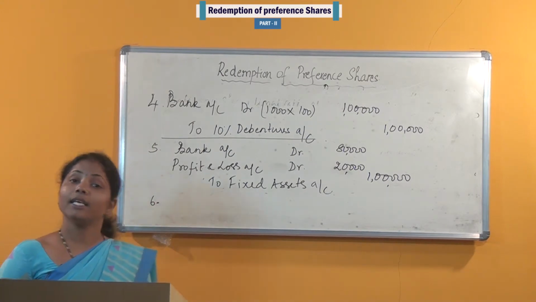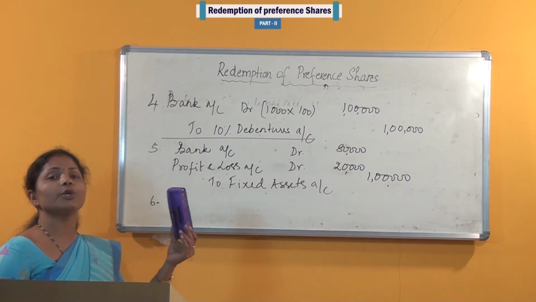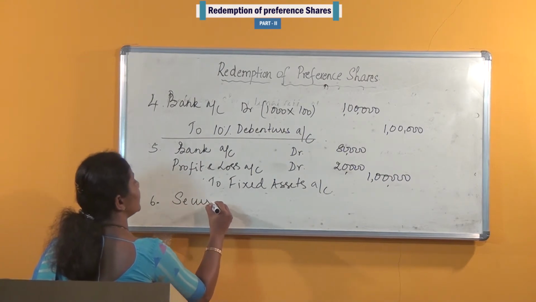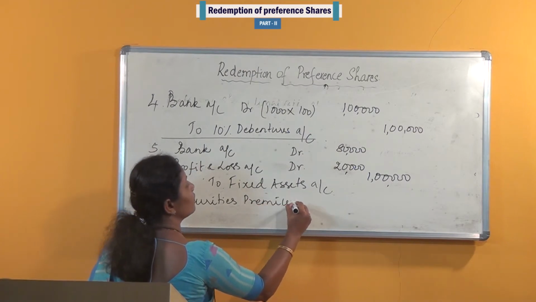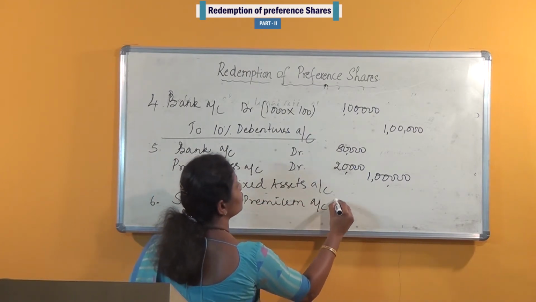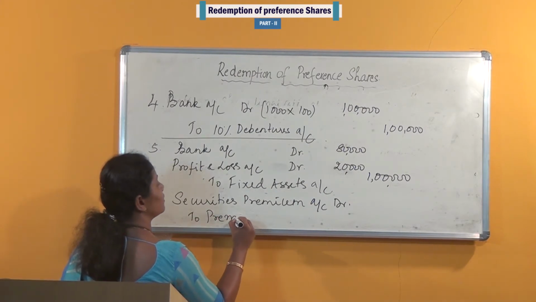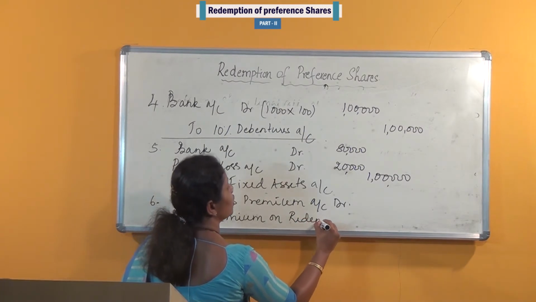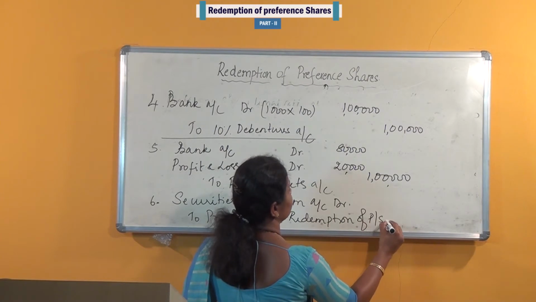As we know that the premium on redemption of preference shares has to be provided for out of securities premium here. So, the entry is securities premium account debtor to premium on redemption of preference shares.